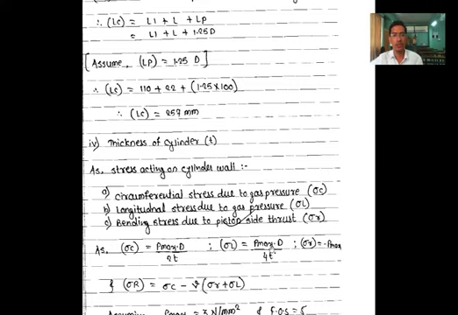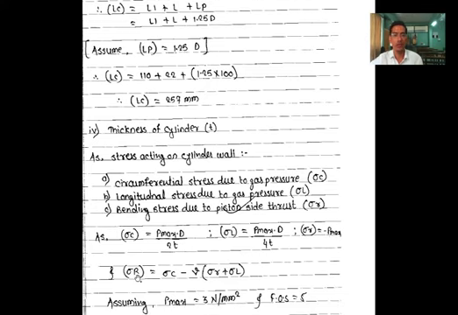Sigma L is equal to P max D by 4t, and sigma R is equal to minus P max, the maximum pressure. Also, sigma C is equal to sigma C minus nu into sigma R plus sigma L.